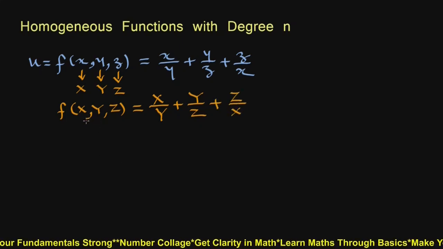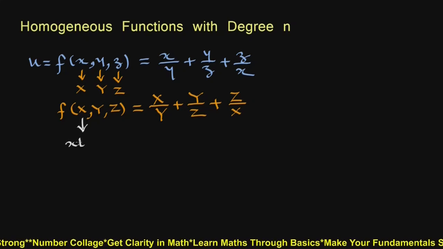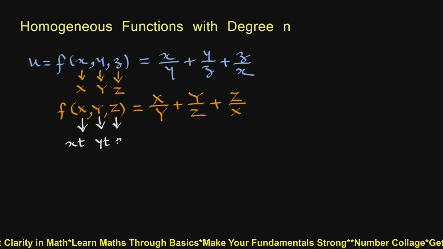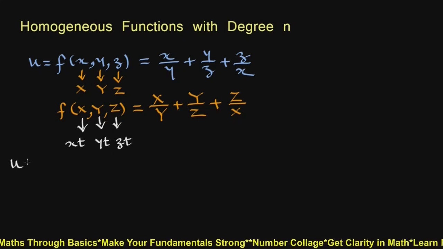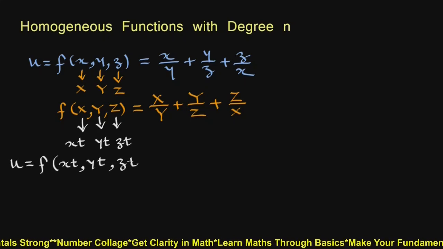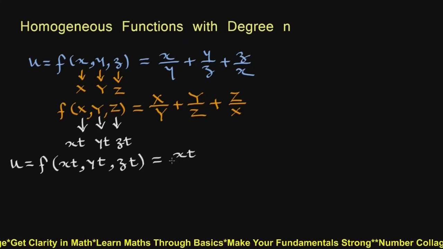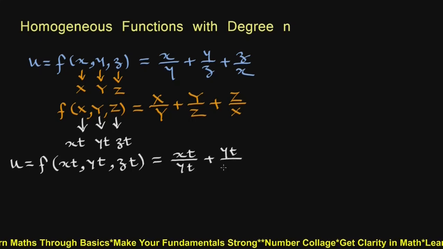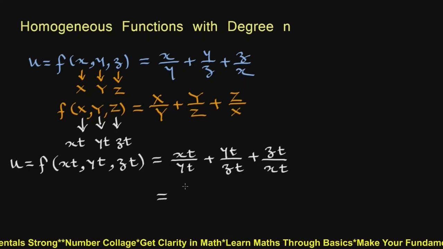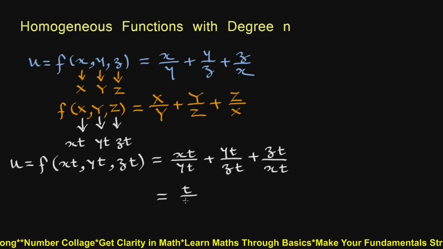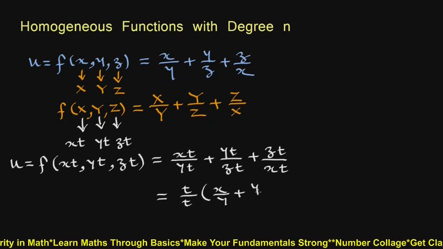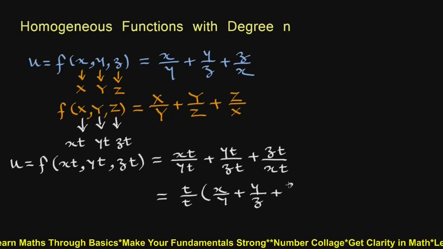Next we replace capital X by small xt, capital Y by small yt, capital Z by small zt. So u becomes f of xt, yt, zt, which will be xt upon yt plus yt upon zt plus zt upon xt, which, by taking t common from both numerator and denominator, will be again x upon y plus y upon z plus z upon x.